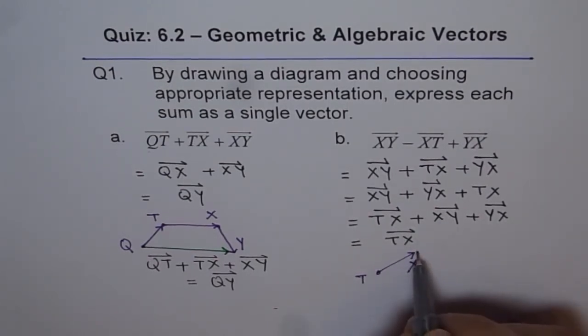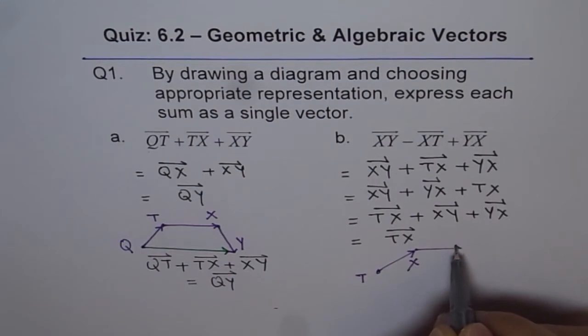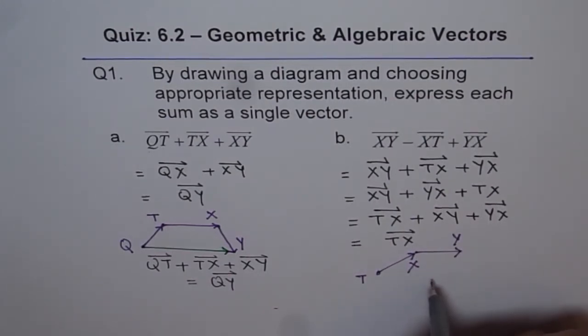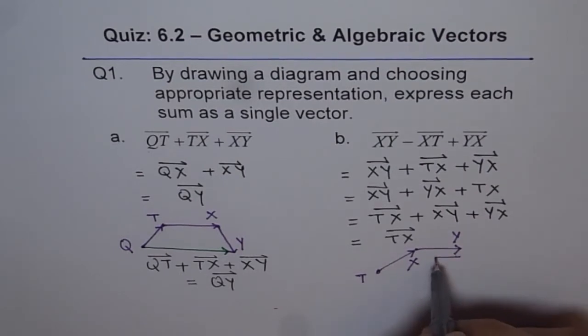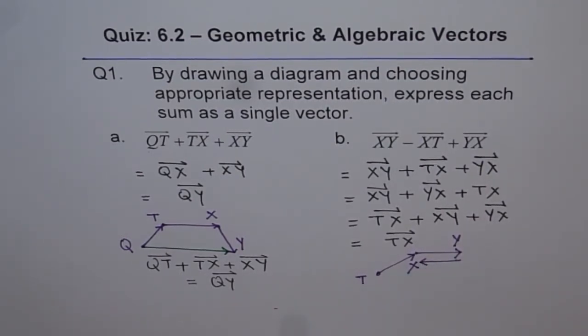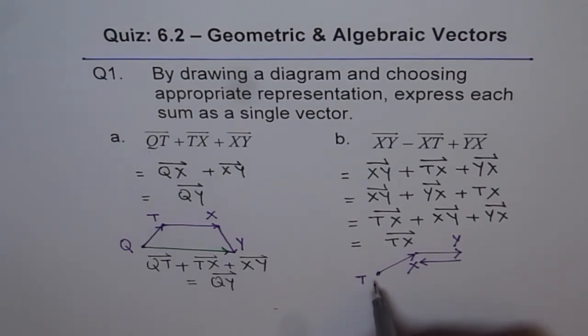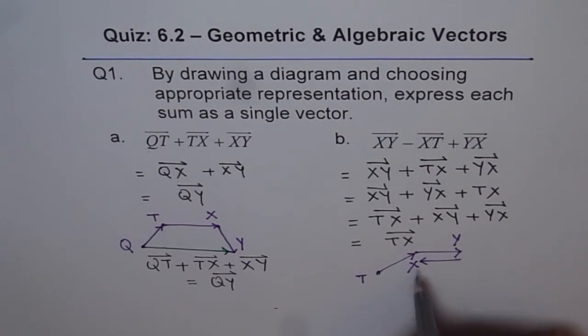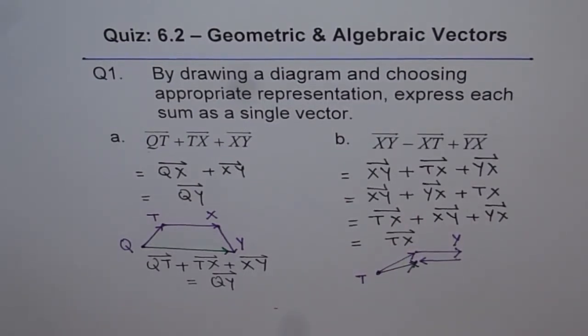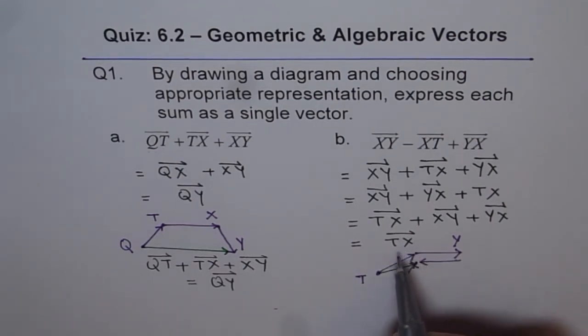And then from X you're going to Y. This is Y for you. And then from Y you're coming back to X. Do you see that? From Y you're coming back to X. So what is the starting point and what is the end point? You started from T and end at X. Therefore, T to X is your final answer, right? So that's how you get T to X as your answer.